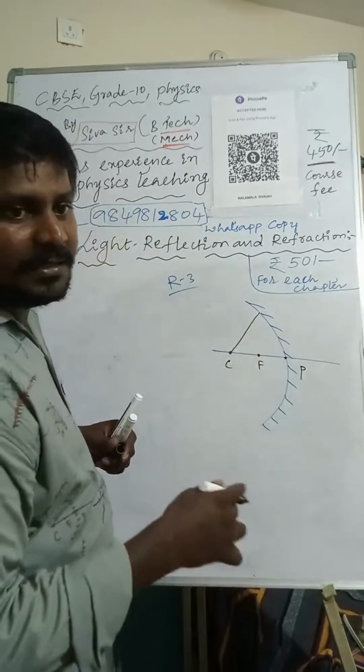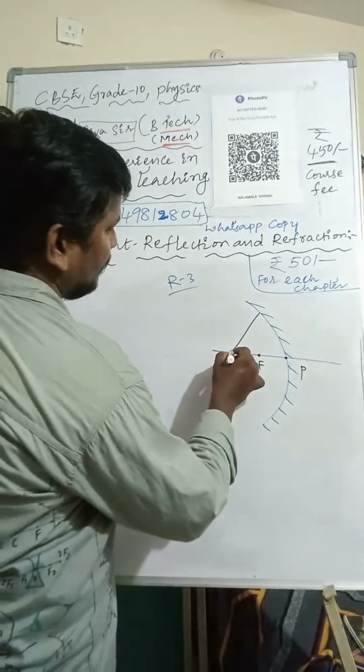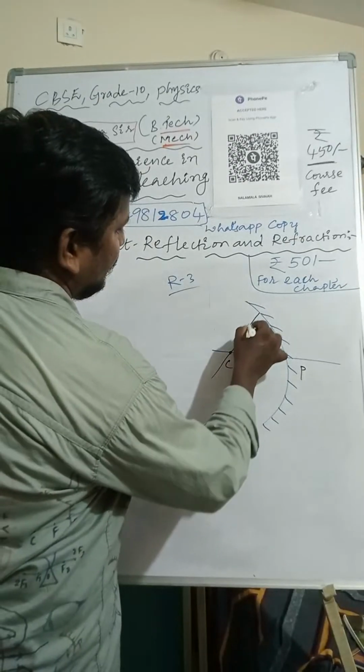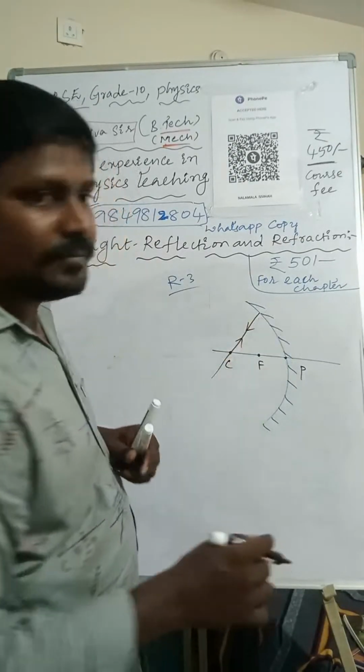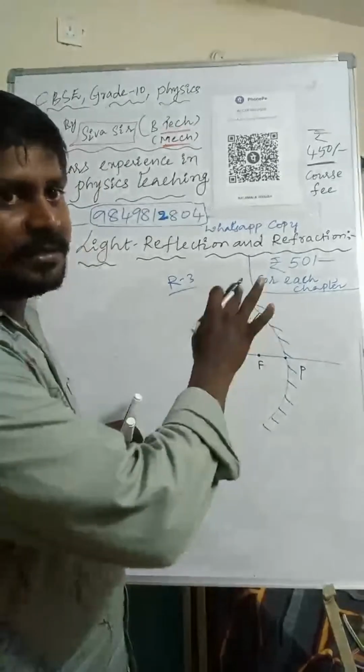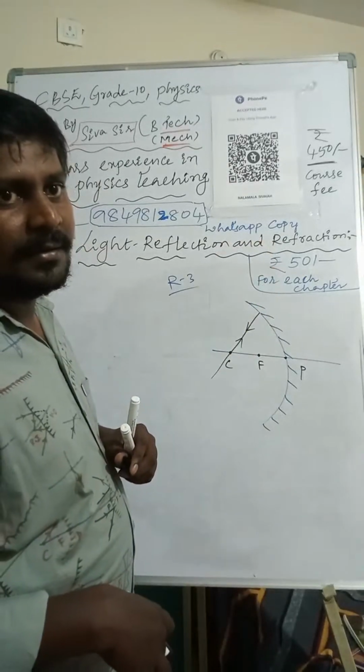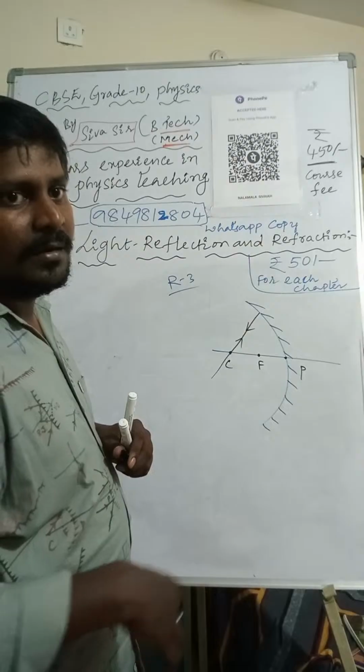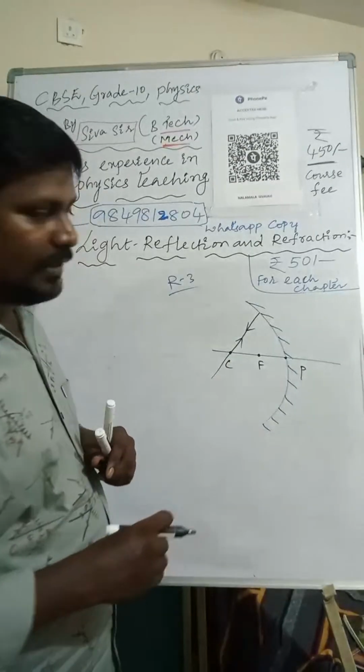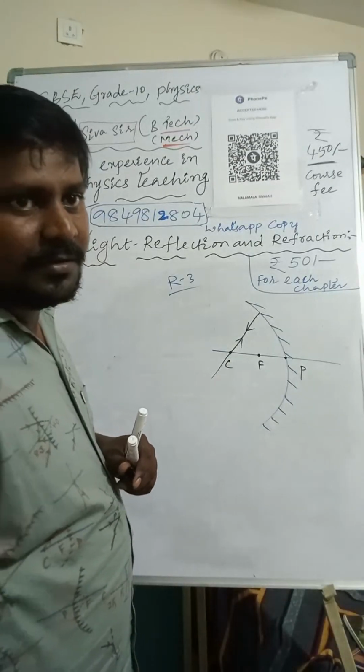If the light ray passes through the center of curvature, it reflects back along the same path. Clear? So this is one light ray. So that is the third one, and coming to the fourth one.